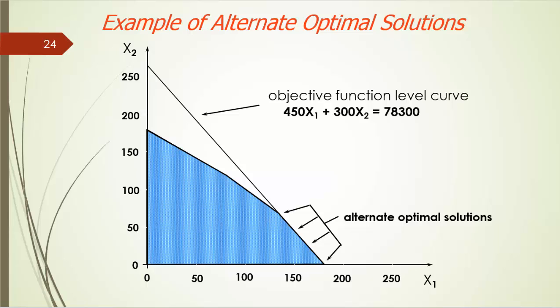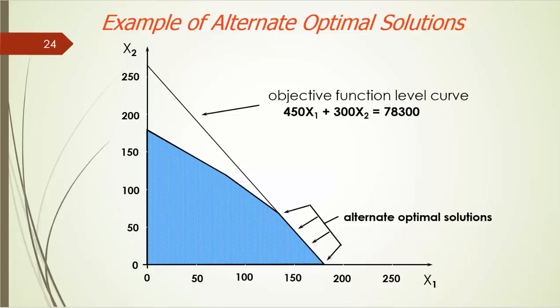As a result, the entire line segment between 122.78 and 174.0 will be able to yield the highest possible profit of $78,300.